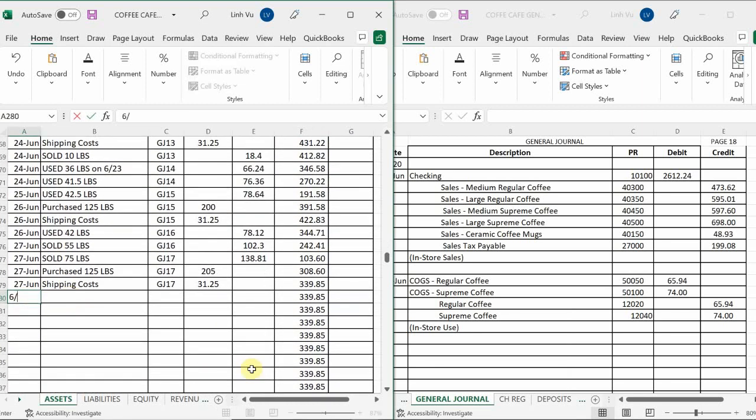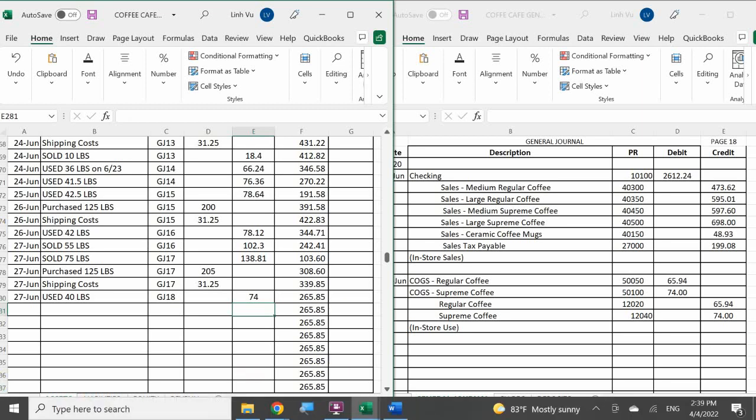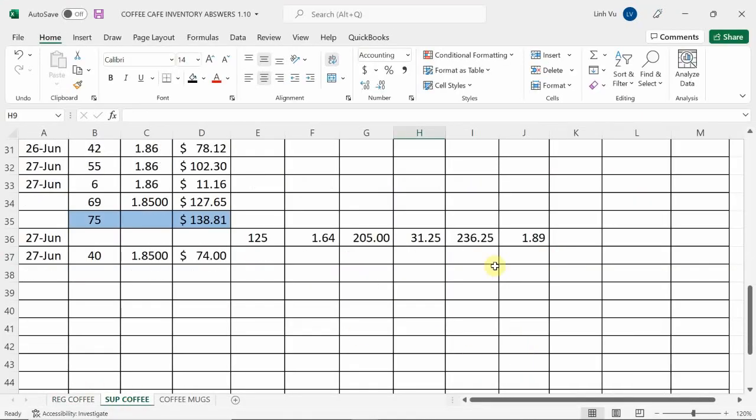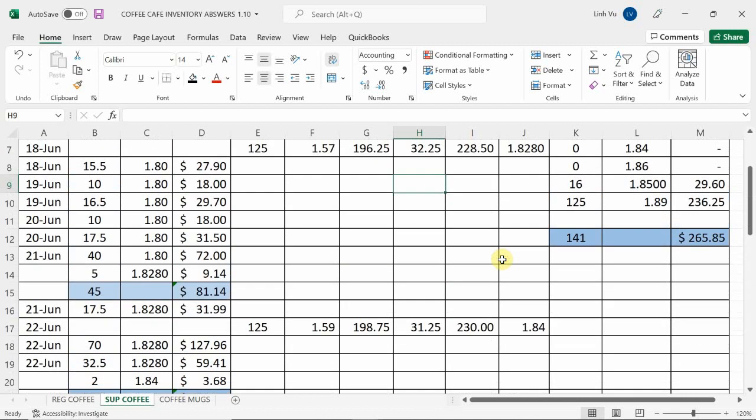All right, last but not least, we gotta update my Supreme coffee because we used 40 pounds for $74. So in this case, you should end up with $265.85, which for sure does match my inventory on hand, right? $265.85.